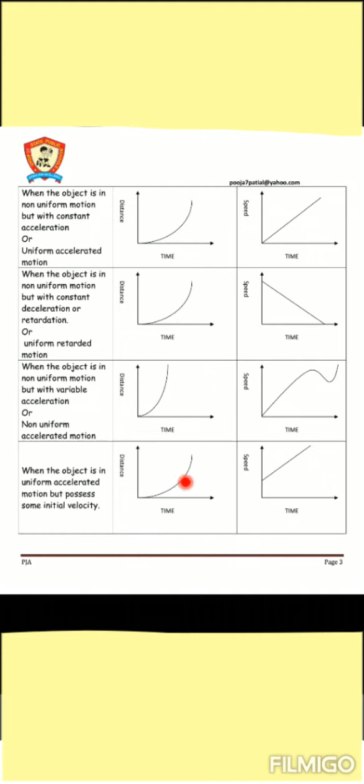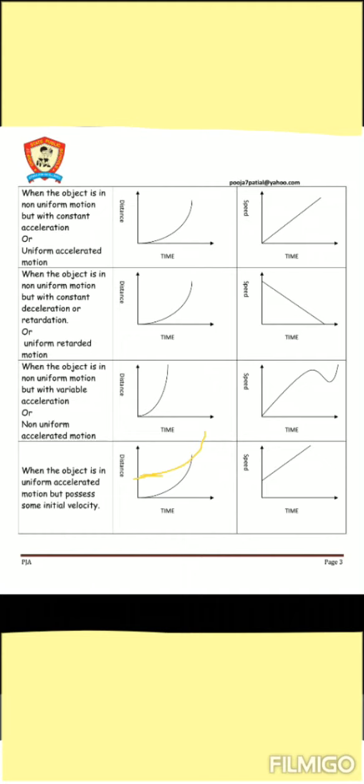So this graph can start from here, that even at time t equals 0, it has traveled certain distance. The graph will start from here, it will go like this. So the graph will be as represented by the yellow line. So this is the type of graph.